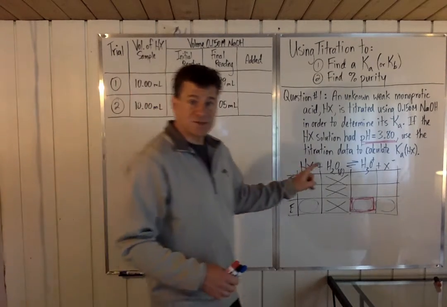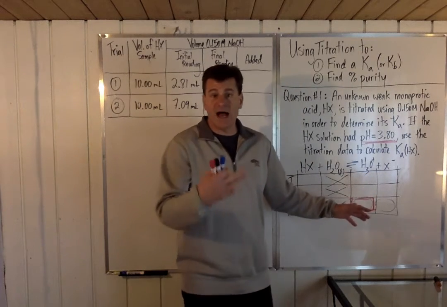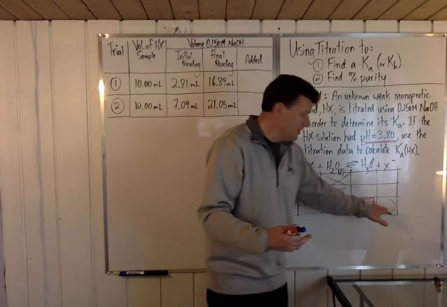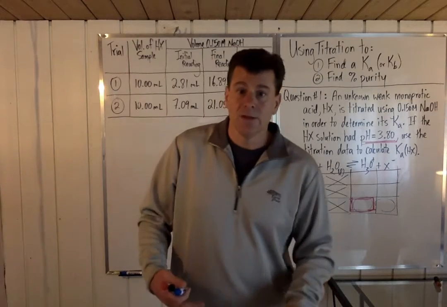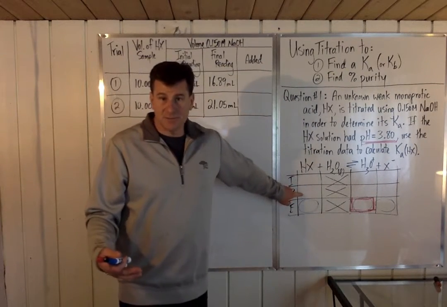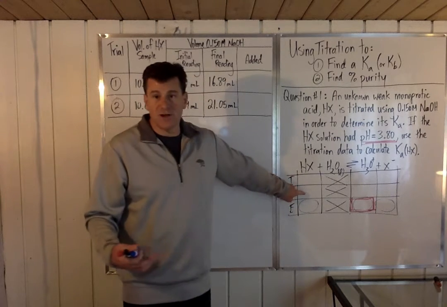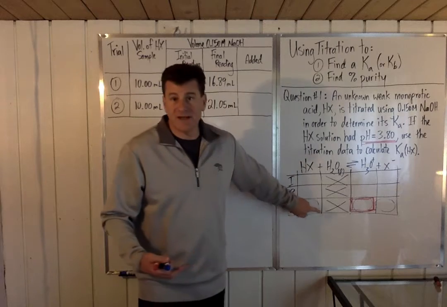Because they both started at 0, and they both went up as soon as this thing formed equilibrium, to the same value. The HX concentration would have gone down that same amount. So there would have been an initial amount when we made the solution, it would have gone down a certain amount, and it would have ended up at something.